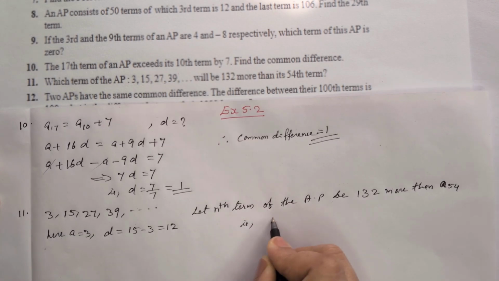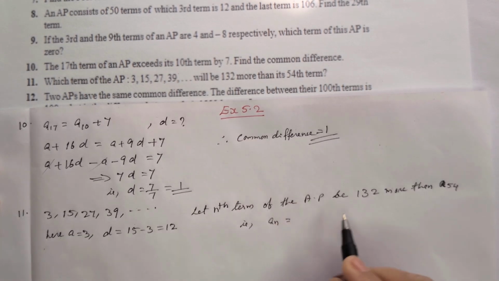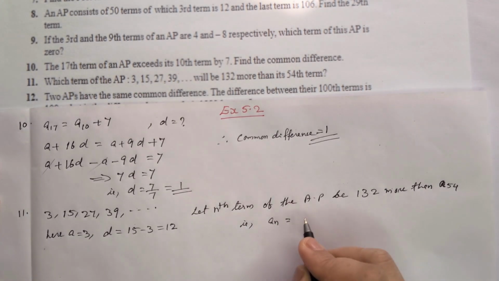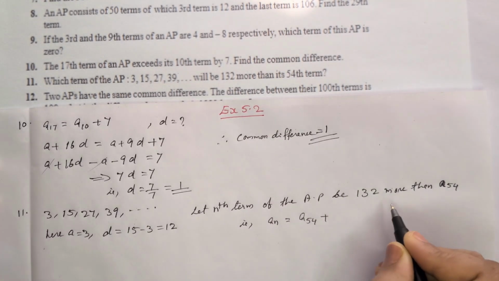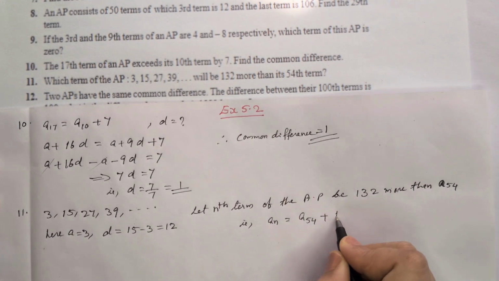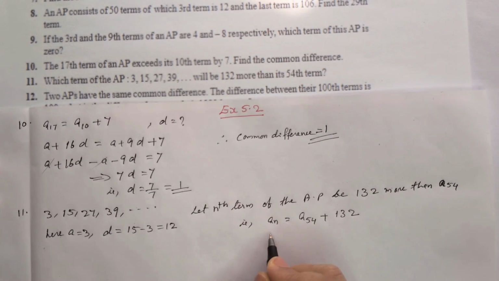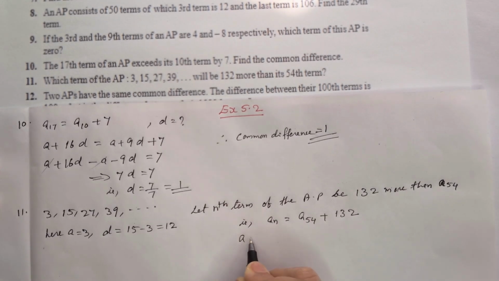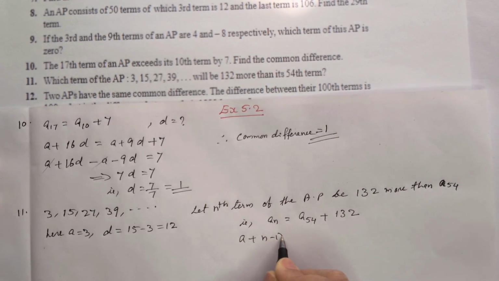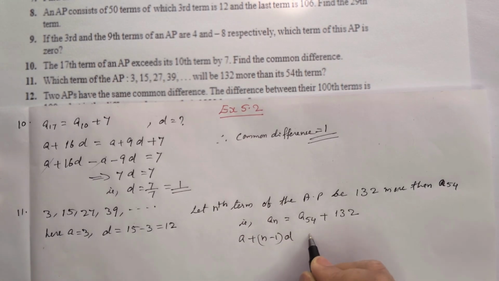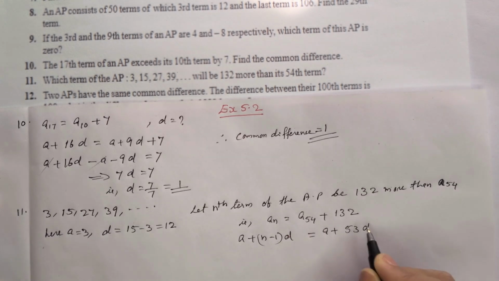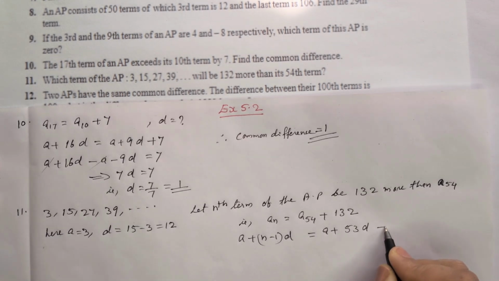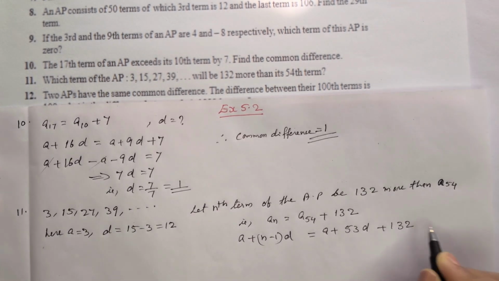So we can write an is equal to A54 plus 132. We know that an we can write as a plus n minus 1 into d, which is equal to a plus 53d plus 132.